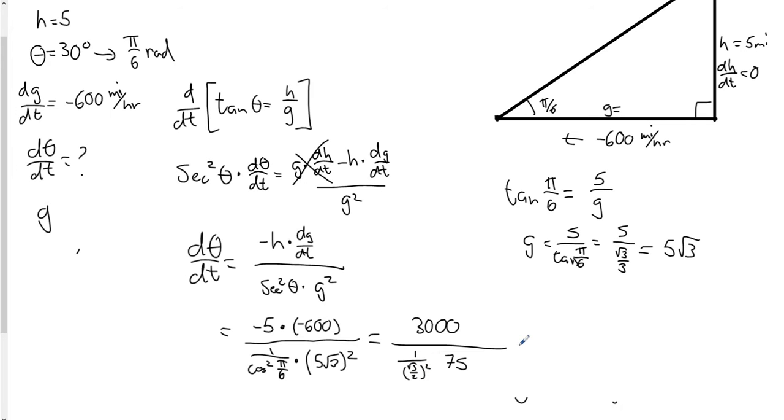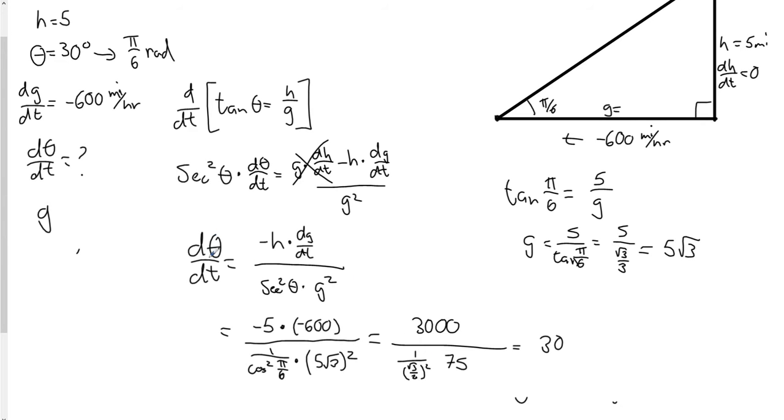And so this thing, after I've done all my calculations, reduces down to 30. If you need me to go over how I simplified that, I can do it in class.